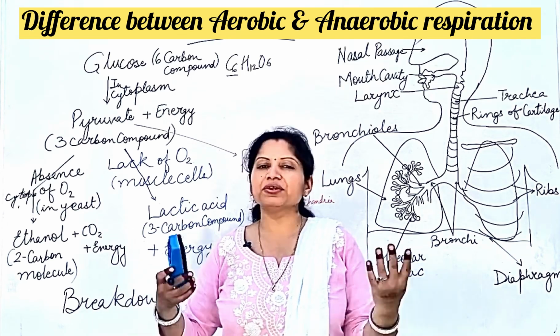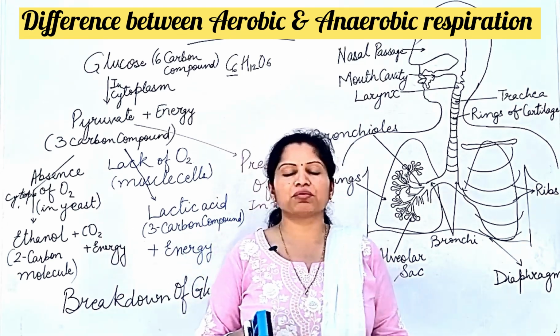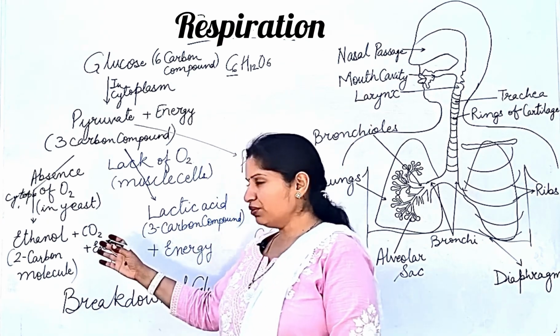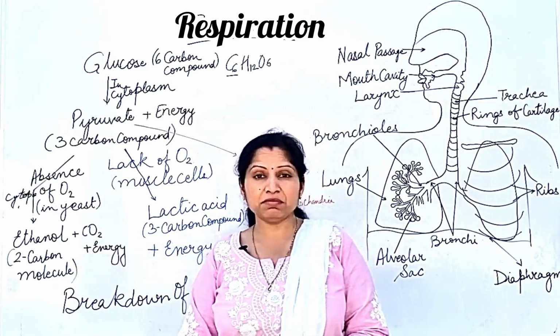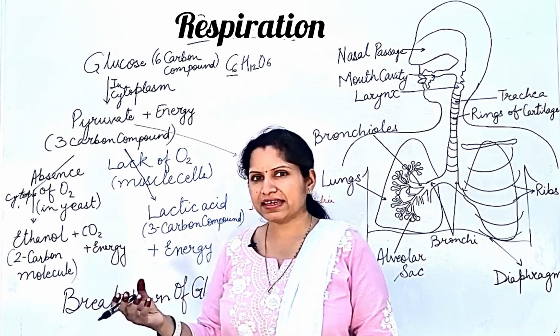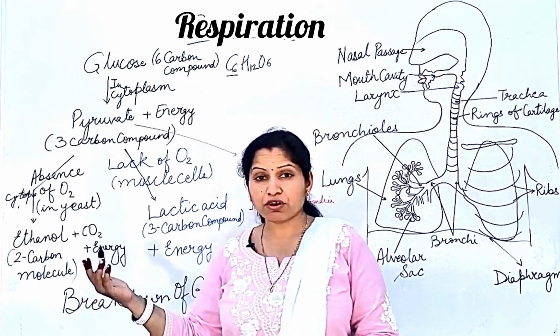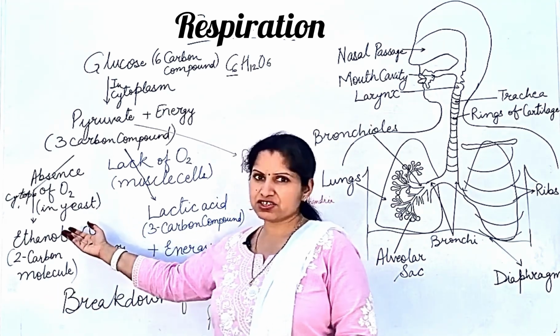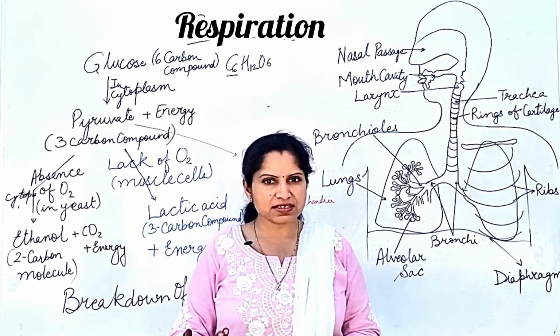Next point, if required, you can write the example of organisms performing aerobic and anaerobic respiration. Okay. Do you know this ethanol is the same alcohol that is used for drinking purpose. So on large scale, whenever there is ethanol production, this ethanol is prepared by fermentation using yeast only. Glucose fermentation is performed.